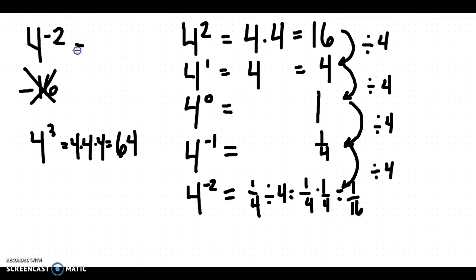So 4 to the negative second is 1 over 16. So notice how that actually just ended up being 4 squared in the denominator. And we basically just put 1 over 4 to whatever this power was, positive.